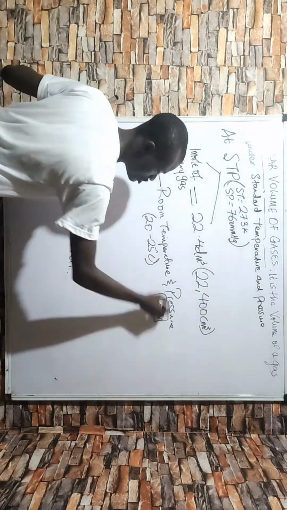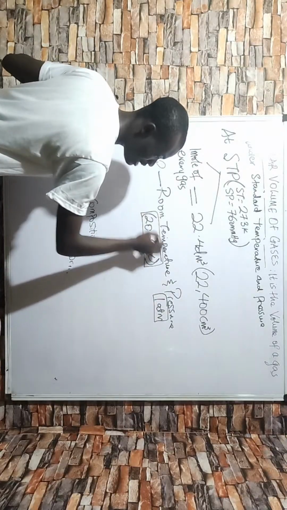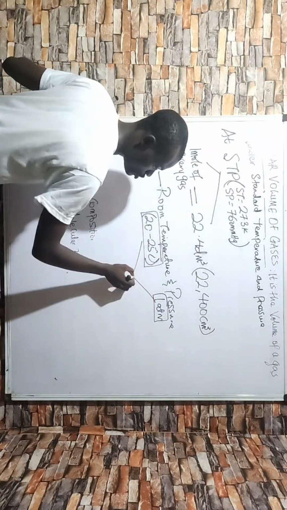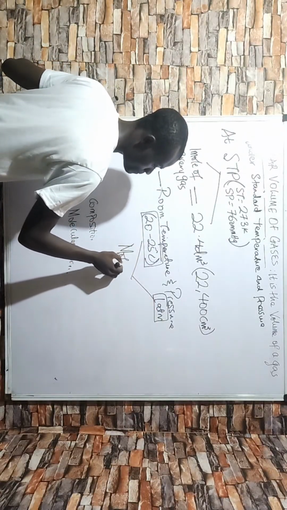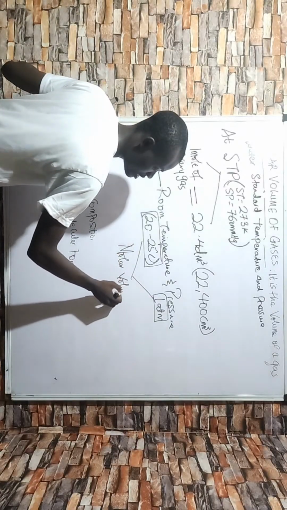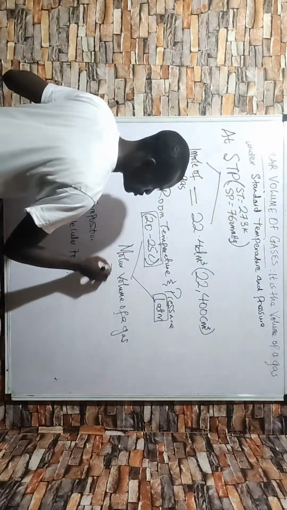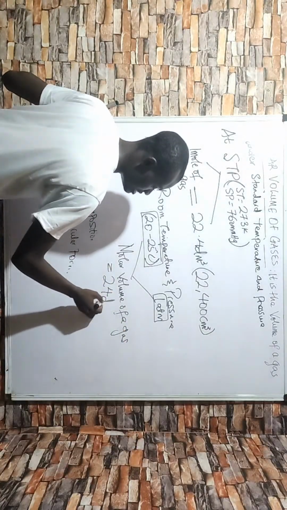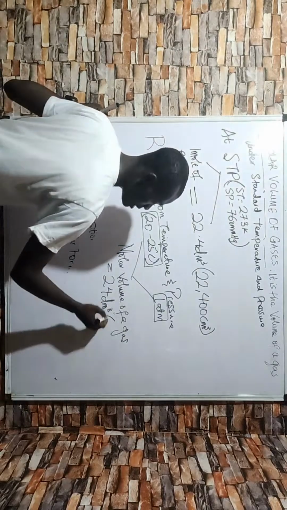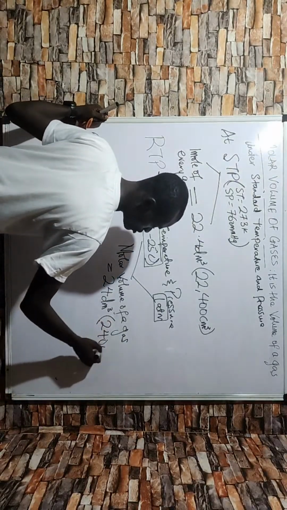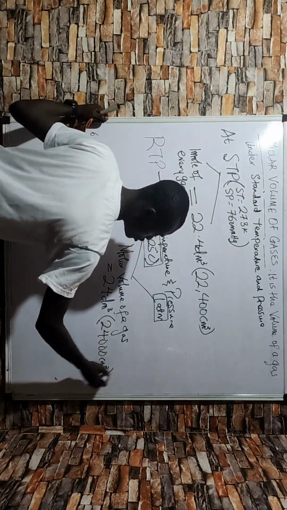Under these two conditions, the molar volume of a gas is 24 dm cube, or in cm cube, 24,000 cm cube. So take note of this.